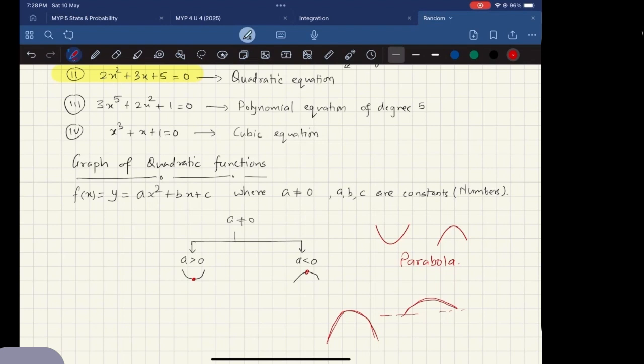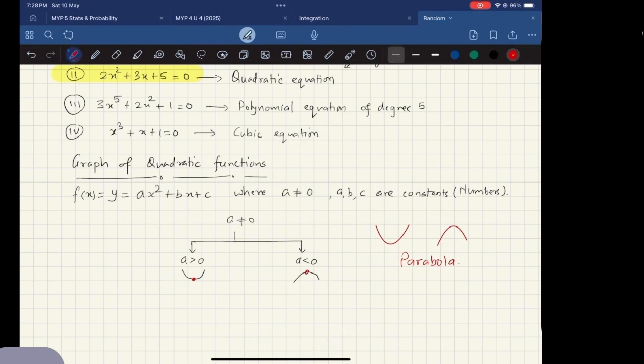In lamps also, the background is kept parabolic so that a lot of light is reflected and you can have a bigger area nicely lit. That is why we need to study parabolas very well.